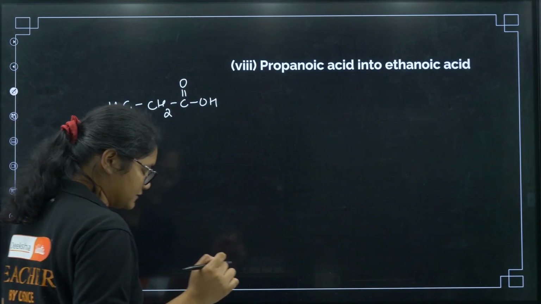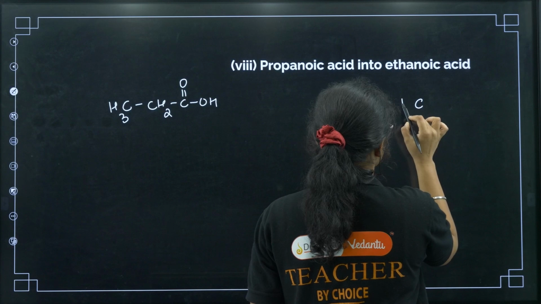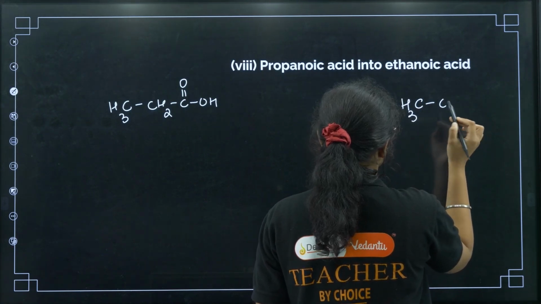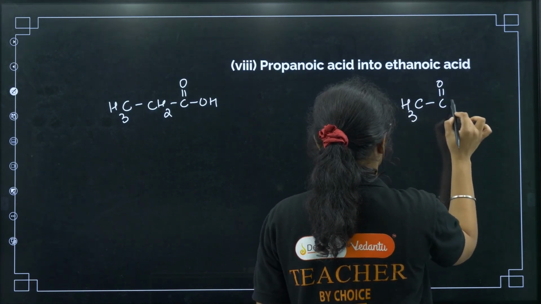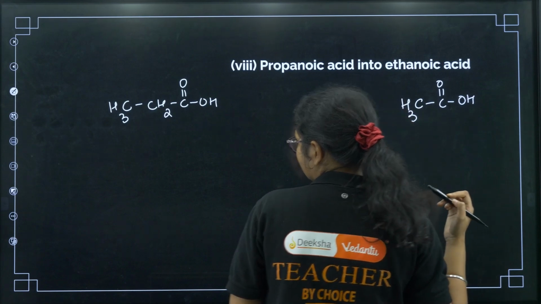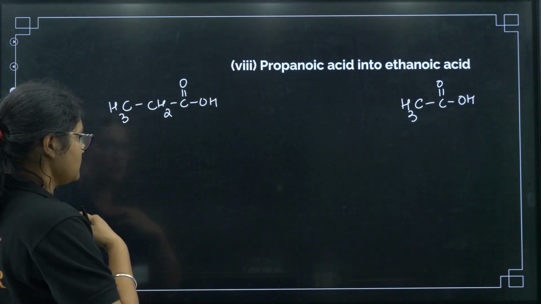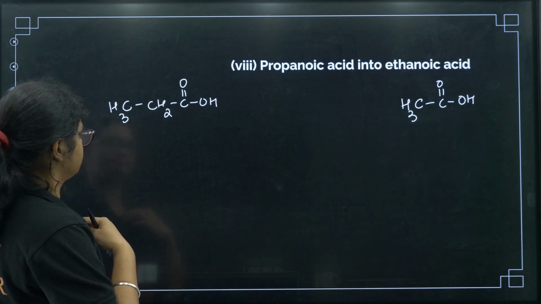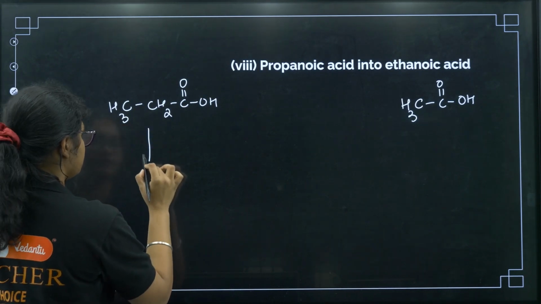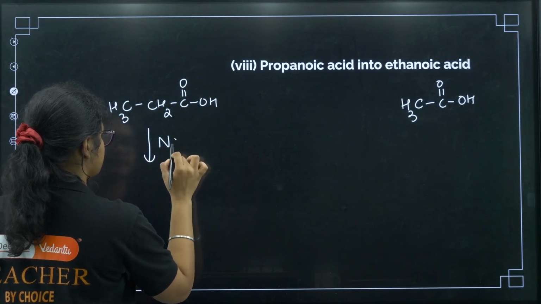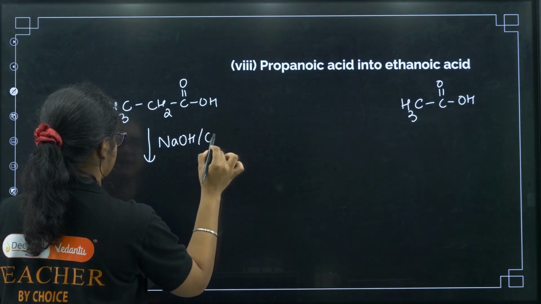CH3CH2COOH, propanoic acid to ethanoic acid. Fine. So what we can do here is, first we can do decarboxylation in presence of NaOH and CaO.